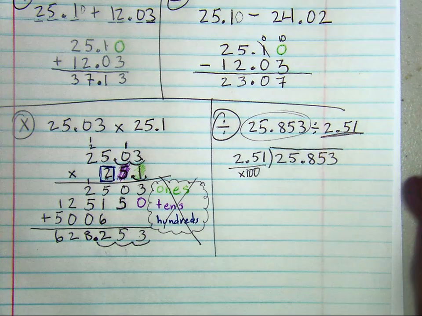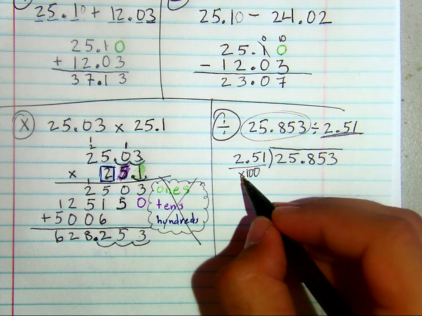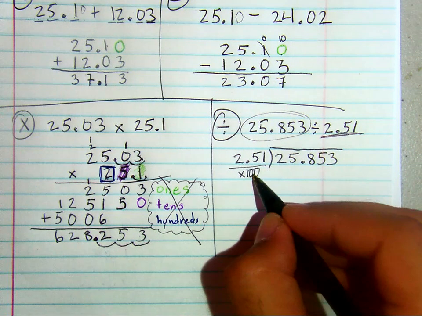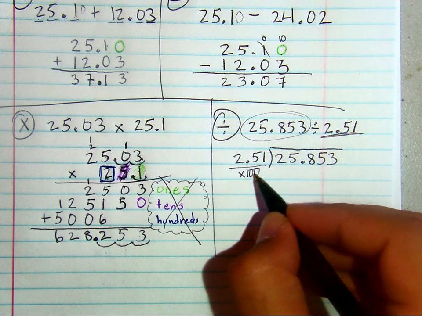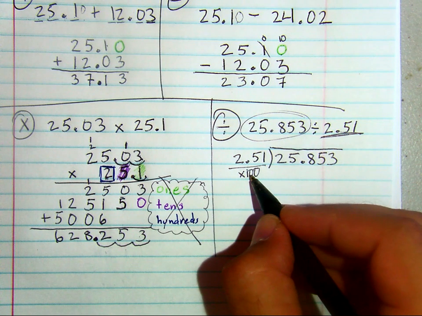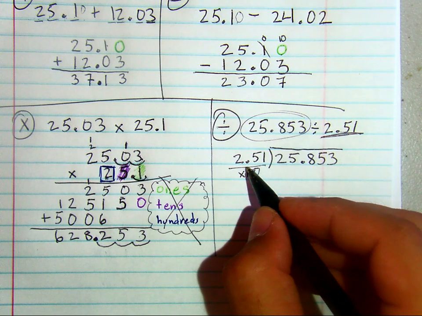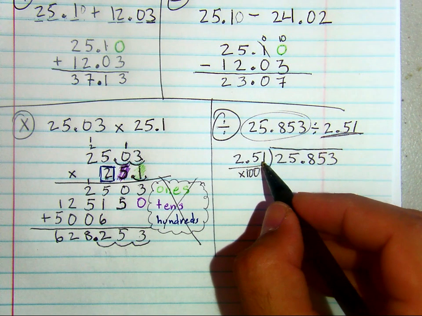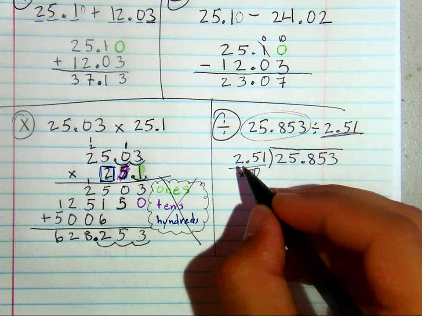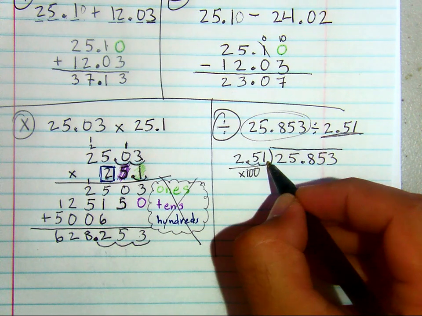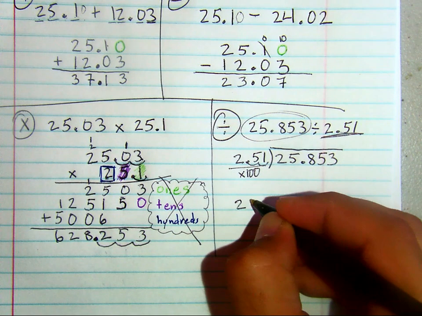And 5.NBT.7 teaches that if you multiply a number times 100, you're not adding zeros to the number, you're actually moving the decimal, and sometimes the decimal moves so far that zeros have to be placed. So what happens is, when you multiply this times 100, 2.51 actually becomes 251.